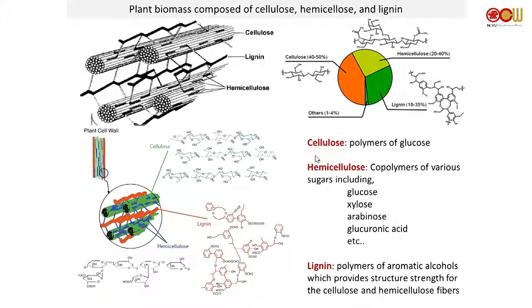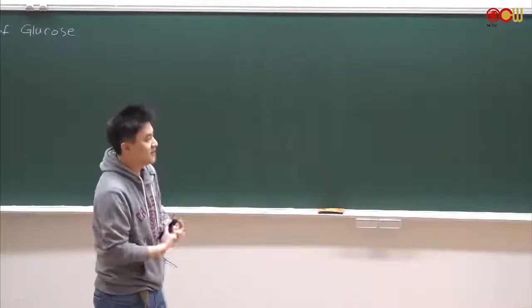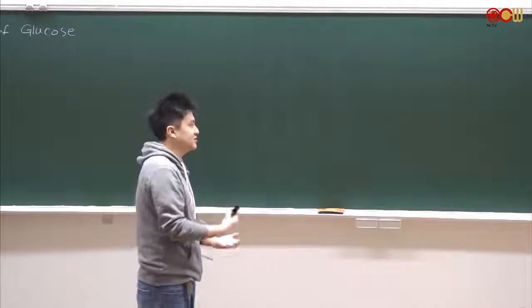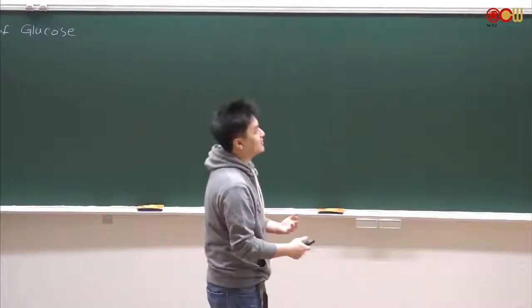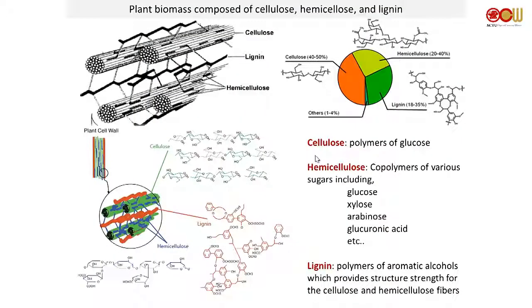In addition, through evolution, biology has evolved ways of providing structure. For example, plant biomass is composed of cellulose, hemicellulose, and lignin. Cellulose, recall, is also a polymer of glucose, however with beta-1,4 linkage.